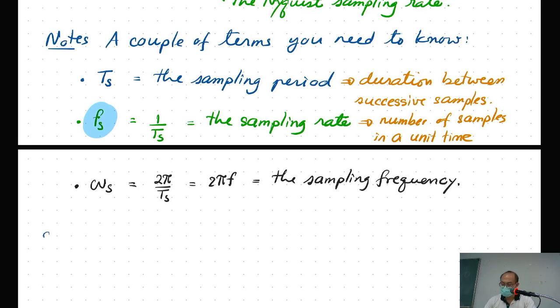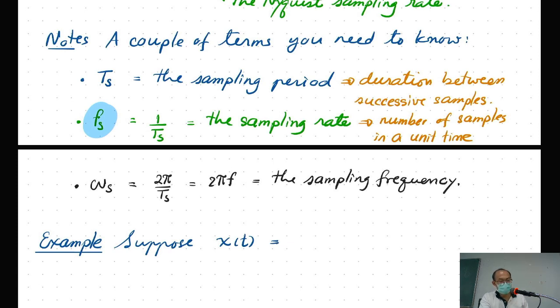Now, example. Suppose x(t) is cosine of 2 pi 4000 t, plus cosine of 2 pi 3000 t.